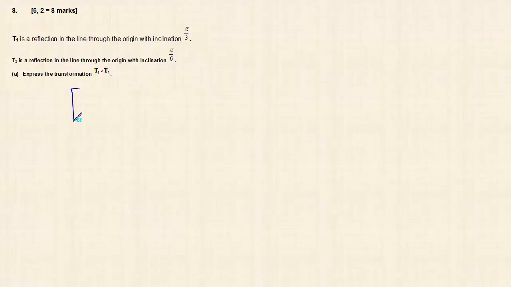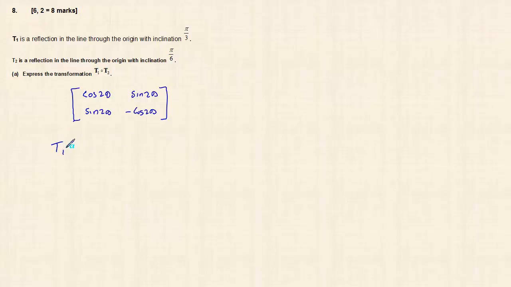Now for a reflection with a line inclination theta, that's cos 2 theta, sine 2 theta, sine 2 theta, negative cos 2 theta.